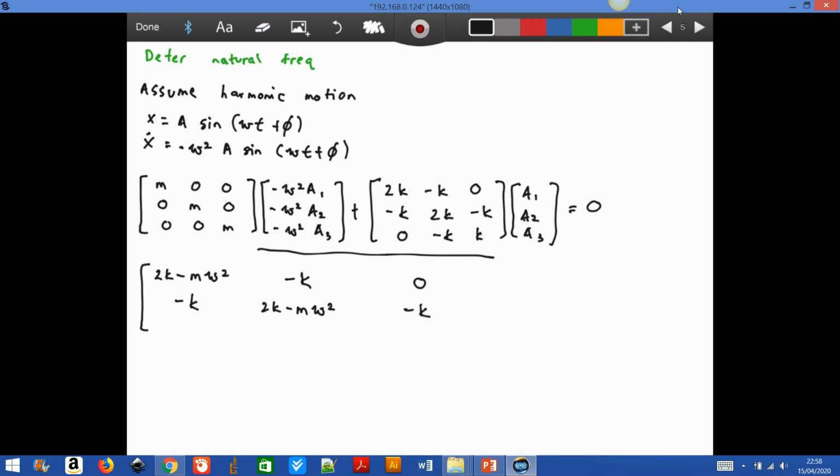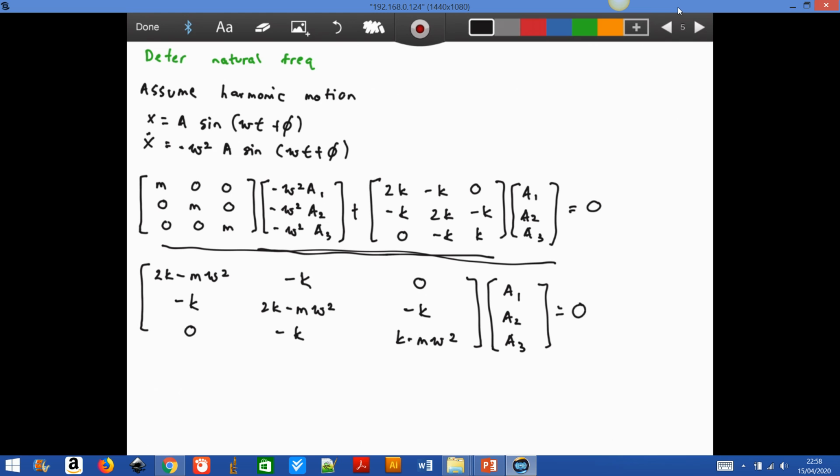Minus k. Third one would be 0, minus k, k minus m omega squared. Solve all of these, that becomes a1, a2, a3 equals 0. Alright.